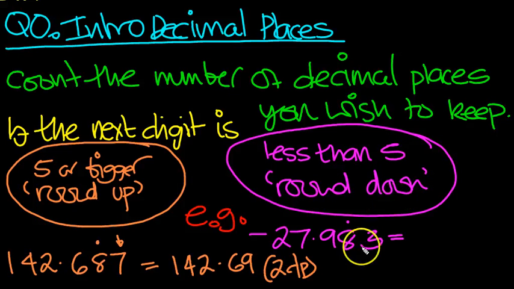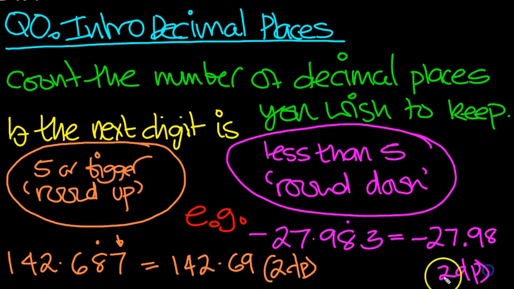When we say we round down, what we mean is we just leave the 8 as is. So it's minus 27.98, and that would be to 2 dp. So we leave it unaltered. We just truncate this decimal and cut the 3 away from it. That's it. So minus 27.983 to 2 dp is minus 27.98.